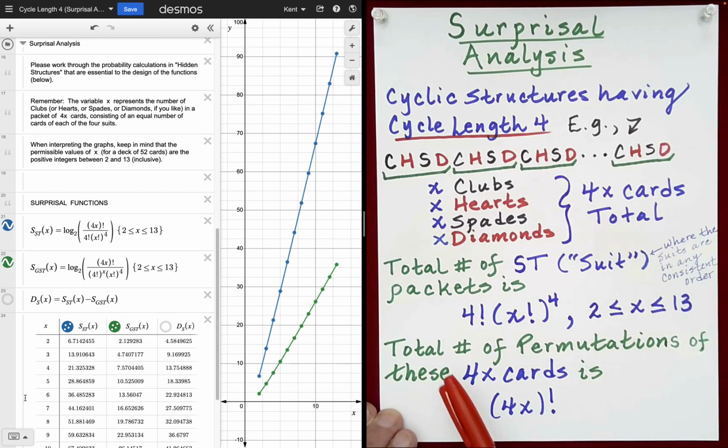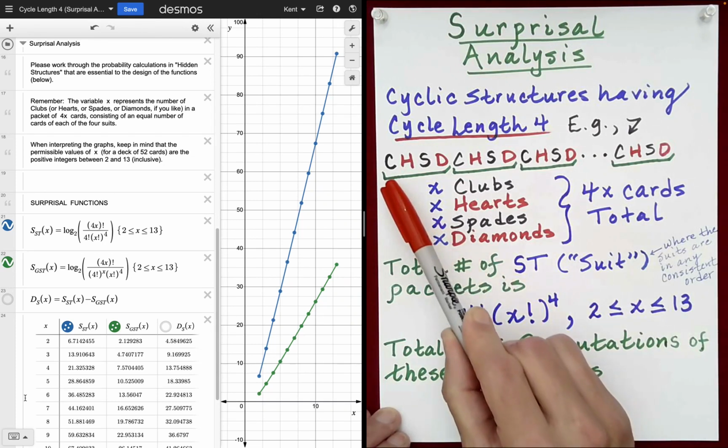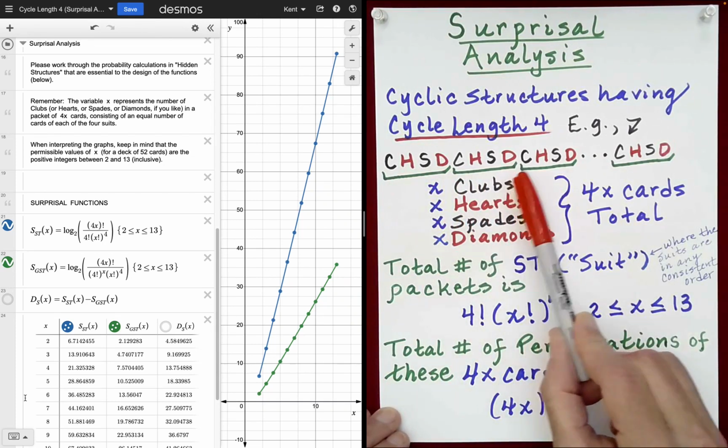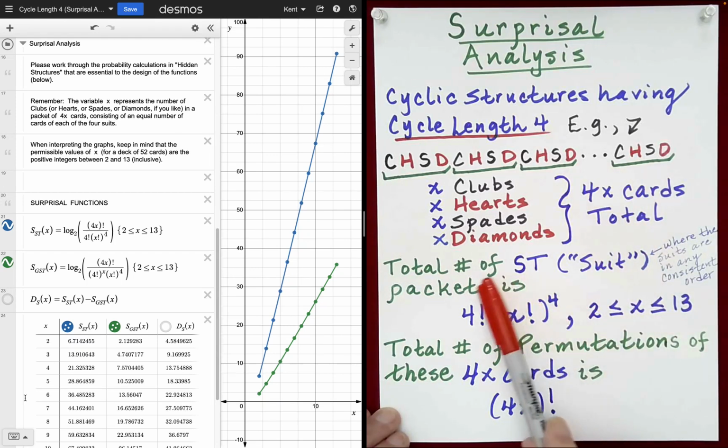Now that's in contrast to the total number of permutations of these 4x cards, which comes out to be the quantity 4x factorial. Okay? So to obtain the probability that we would, by chance alone, randomly shuffle this packet of 4x cards and find that it has a consistent repeating pattern of the 4 suits, we'll take this quantity here and divide by the total number of permutations of those cards.